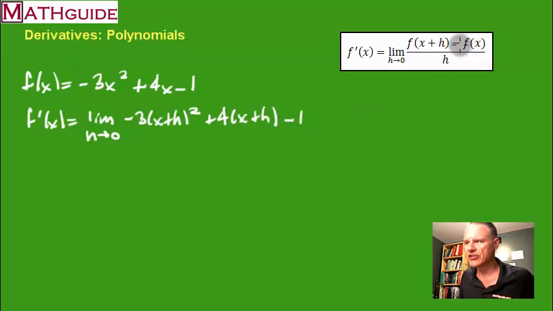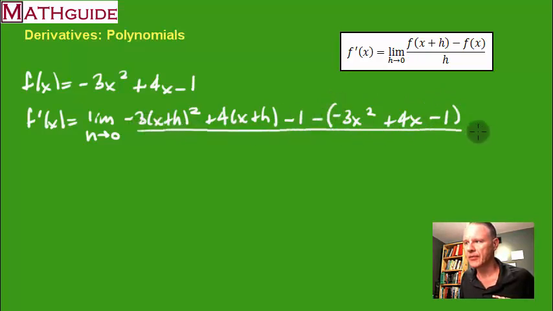Then we're going to subtract f of x. So we subtract the negative 3x squared plus 4x minus 1. Don't forget to put parentheses, so you subtract the whole thing. And remember, this is all over h.